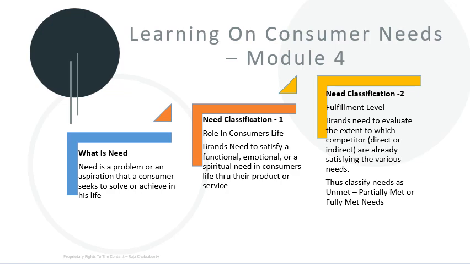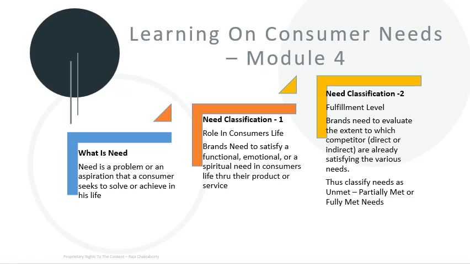Once you have understood this, you can look into competition vis-a-vis the needs that you have charted, and compare which of those needs are possibly not fulfilled very well. Therefore you can classify the needs on the basis of the fulfillment level. Because at the end of the day, if you have to compete, you have to solve a need which is ideally unmet or partially met.